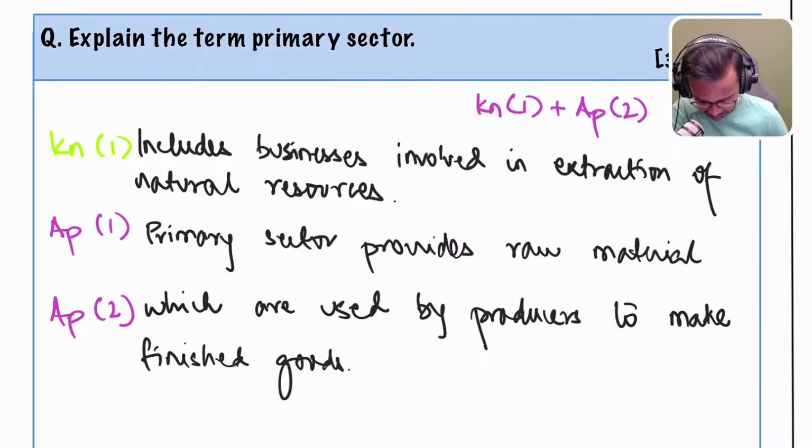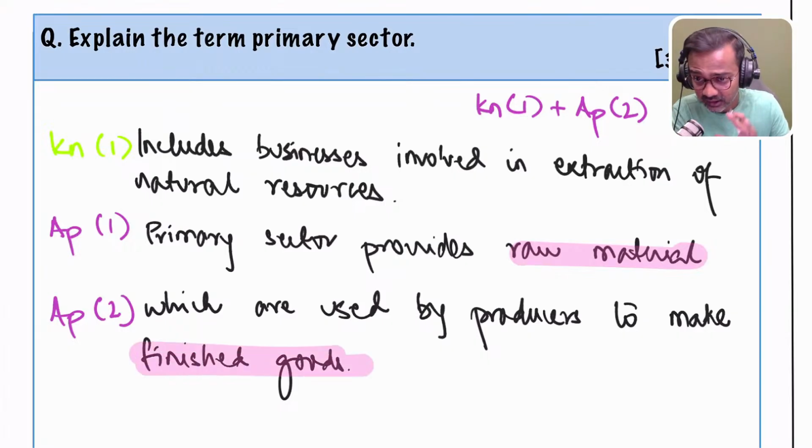Okay, so technically this is one sentence, but I have 2 clear levels here. One level shows that there's raw materials and they're being used to make finished goods. That connection is what's explaining how the primary sector works. So that needs to be there.